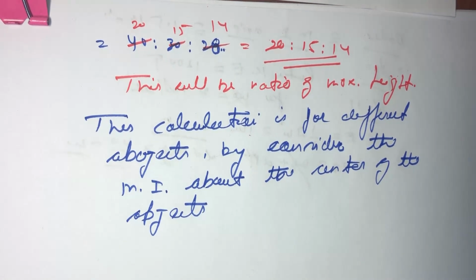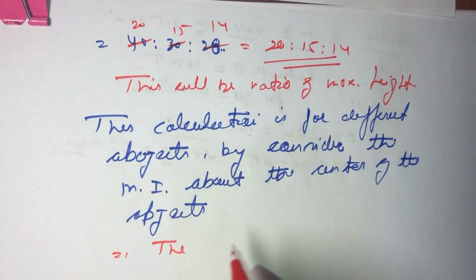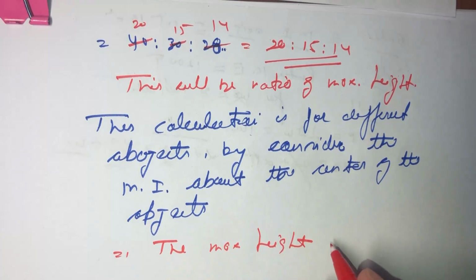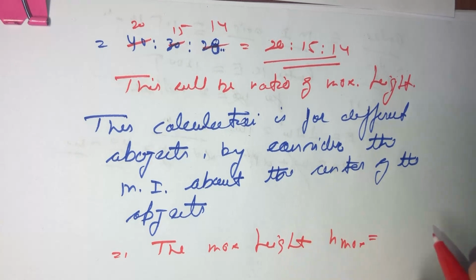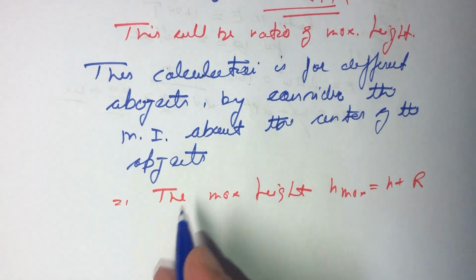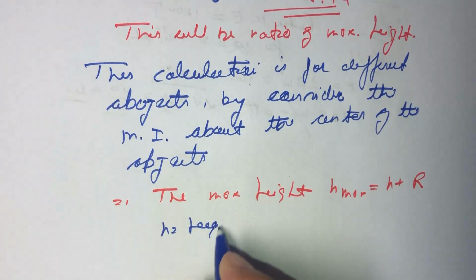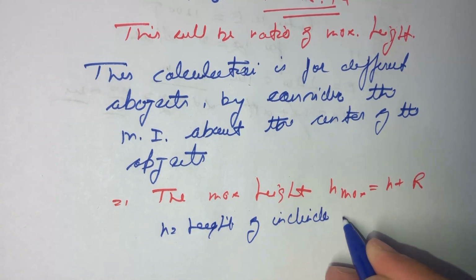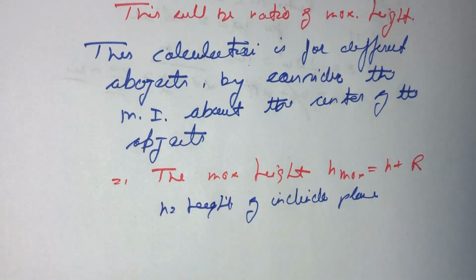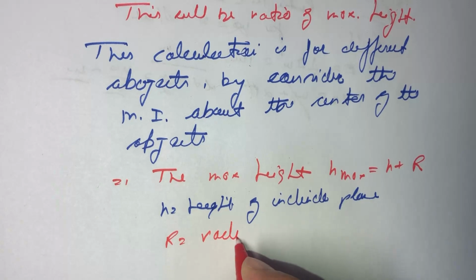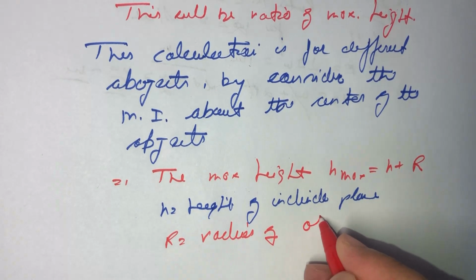And therefore we can say the maximum height h max is equal to h plus r, where h is the height of the inclined plane and r is the radius of the objects.